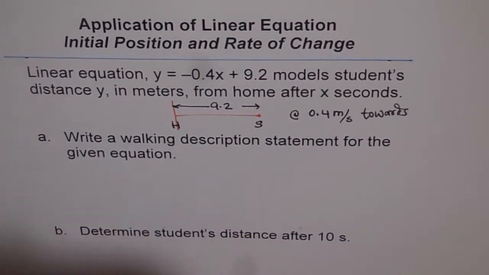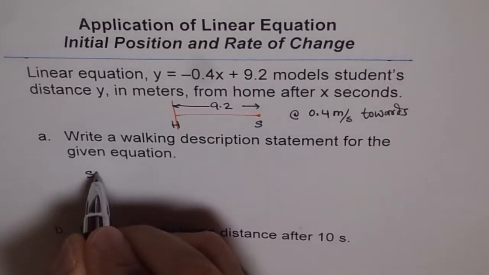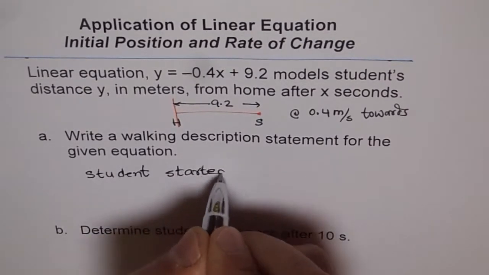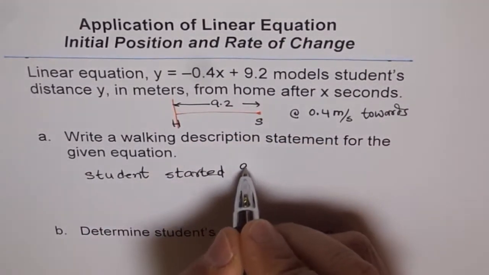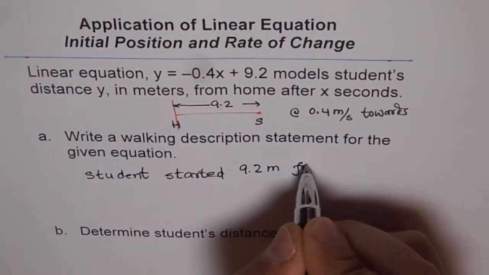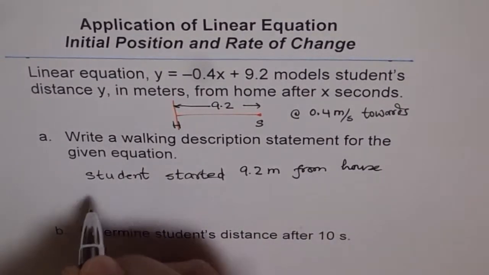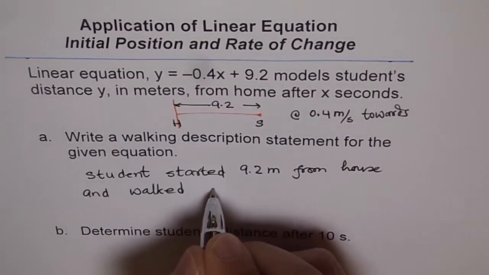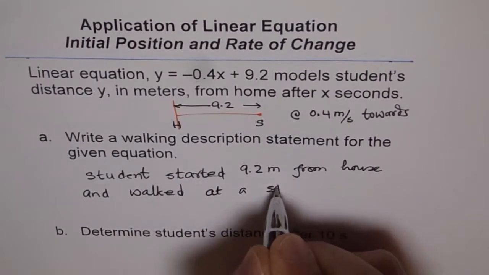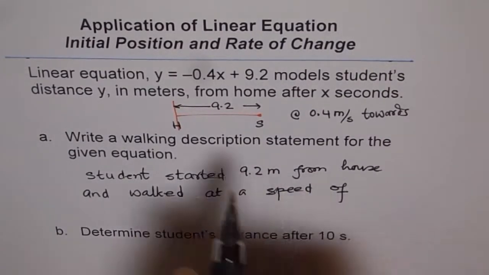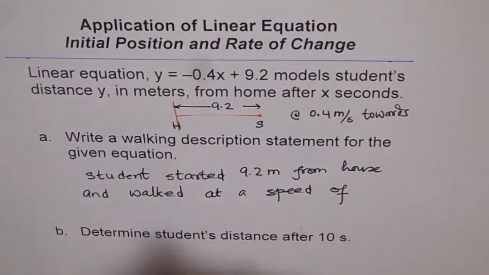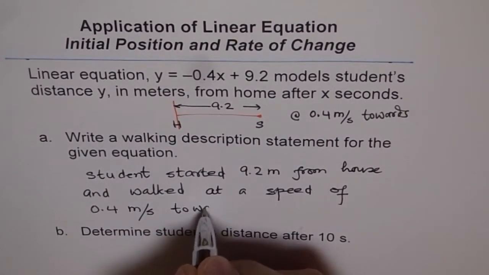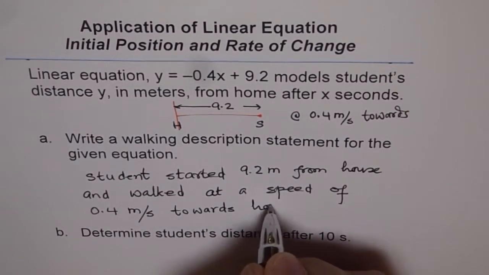So let me write it down for you. We say student, we can name a student, right? But anyway, in general, we say student started, that is the initial distance, 9.2 meters from house and walked at a speed of, that is the speed, slope, the rate of change, 0.4, and the units are meters per second, towards house, correct?